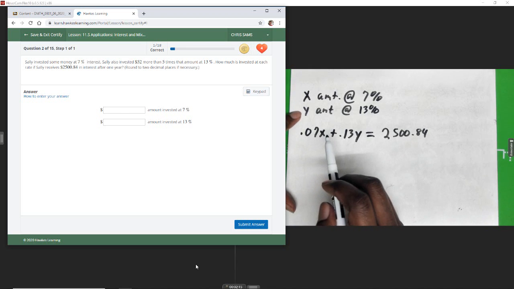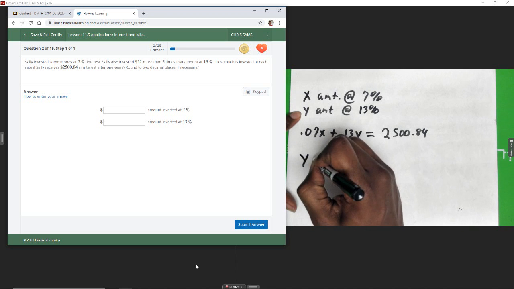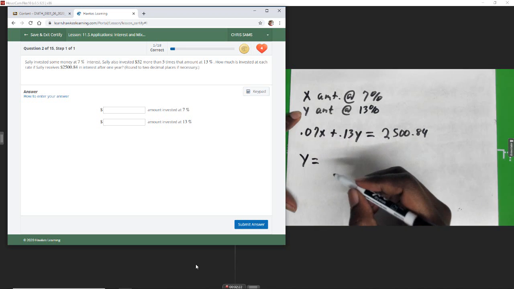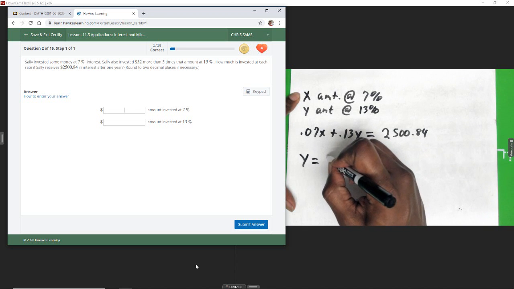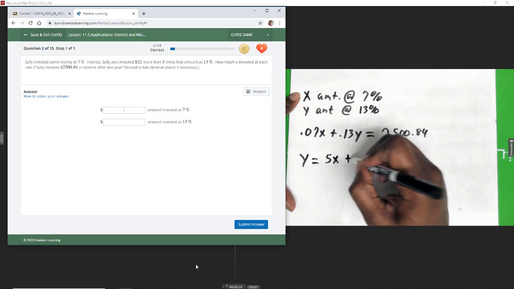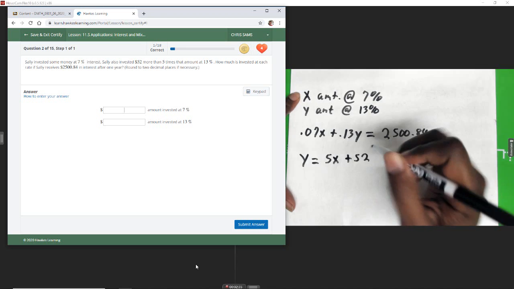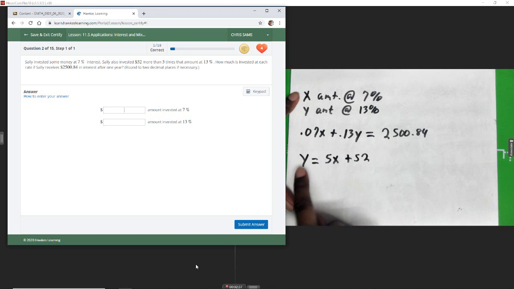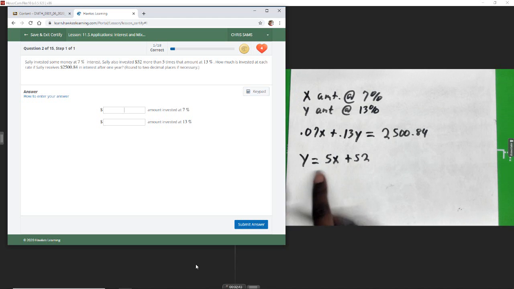So this amount y is equal to 5 times what we did at the 7%. So 5x plus 52, because it's 52 more. So we have y is equal to 5x plus 52. So here are my two equations.